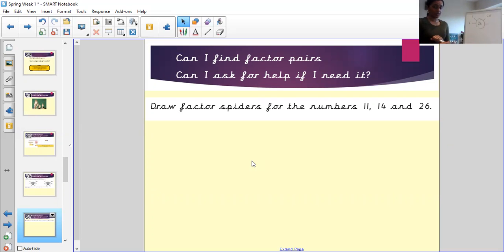I mean, you could just half the number. So 2 times 13, that's correct. 2 times 13 is 26. And if I keep going forward, 26 does not come up again as a factor pair. So 26, the multiple of 26 has 2 factor pairs. Fantastic.